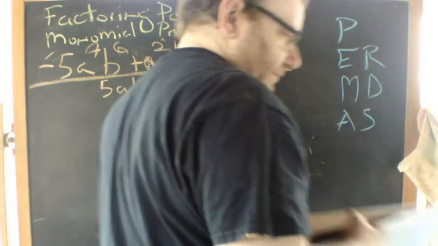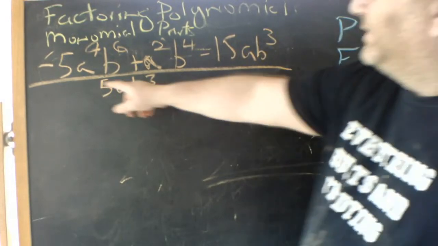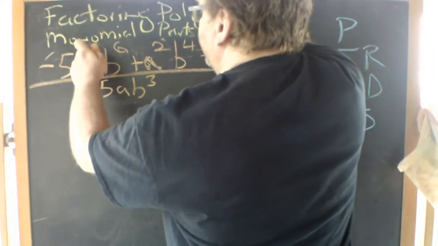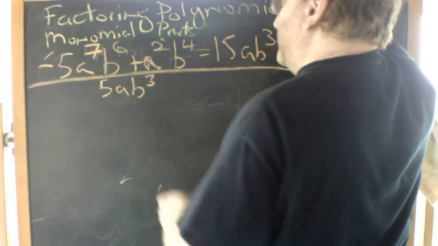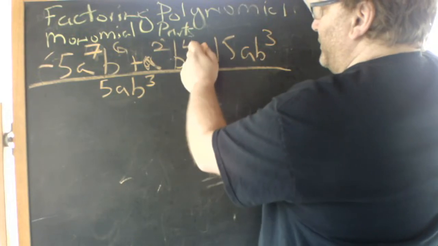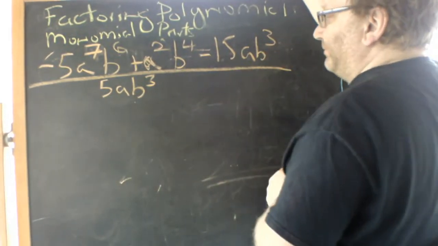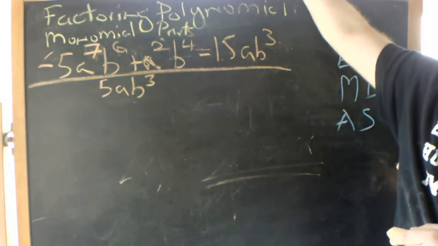All right, let me read out my scribblings. Negative 5a to the 7th power, b to the 6th power, plus a squared b to the 4th, minus 15ab cubed. Everything is going to be divided by 5ab cubed.